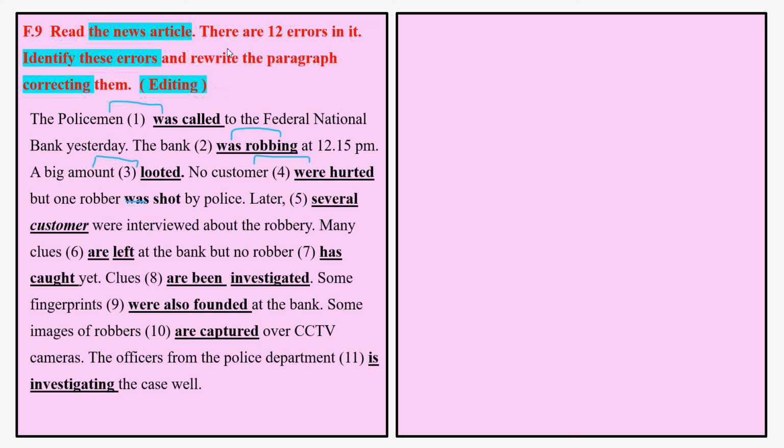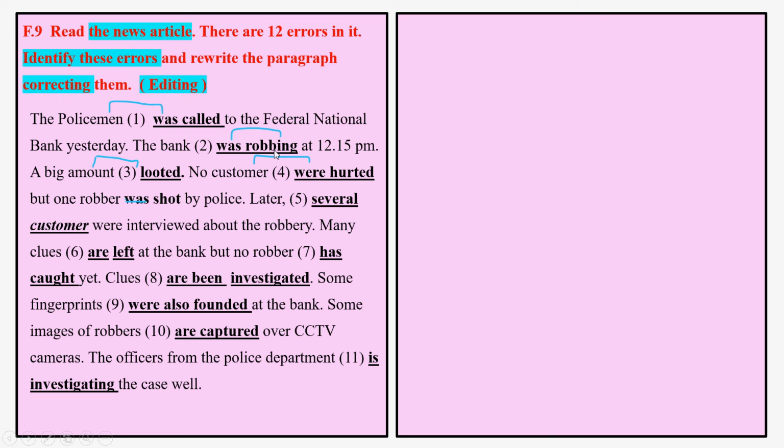And particularly when there are two verbs, you must see the helping verb. So doer and helping verb. Here policemen is plural, more than one. So there must be were, not was. And you can write this way: the policemen were called to the Federal National Bank.